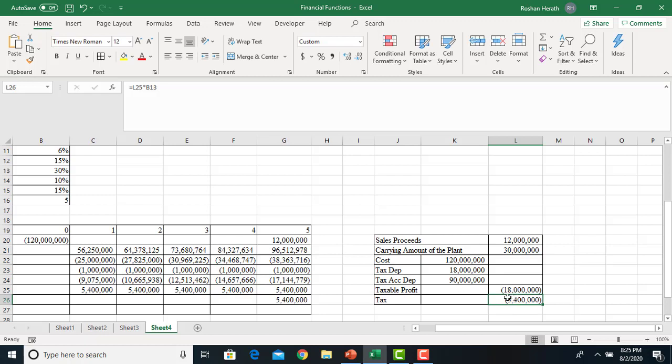It comes as a minus figure. Let me check that. This is multiplied by B13. What is that? This is supposed to be a positive figure, no?